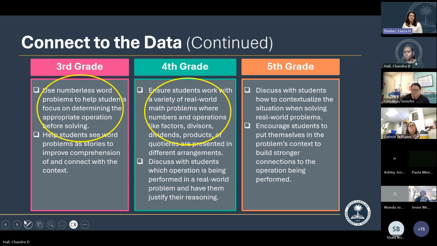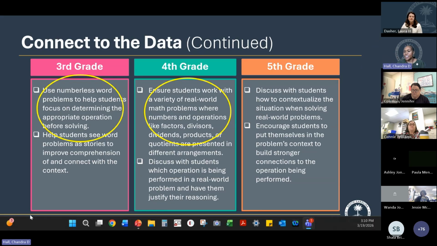These were mentioned at third and fourth grade based off of the items being reviewed during data review, but they can apply to all grade levels. And those are the strategies Chandra will be going over today.